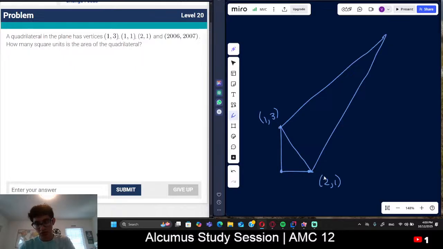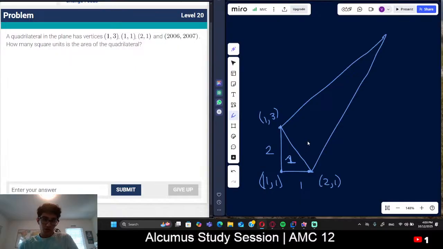So (1, 3) to (2, 1). This has a negative 2 slope, right? And then this is (1, 1). So let's see, this is going to be 2, this is going to be 1. So this area is 1, I think. Yeah, (1, 1), that's 2, that's 1, yep.